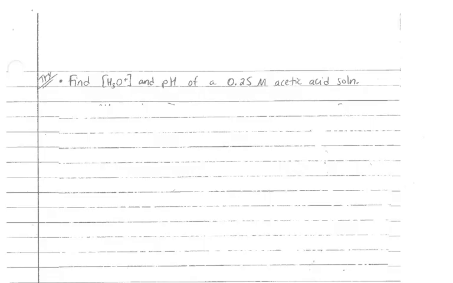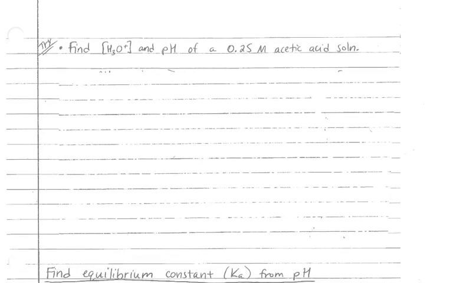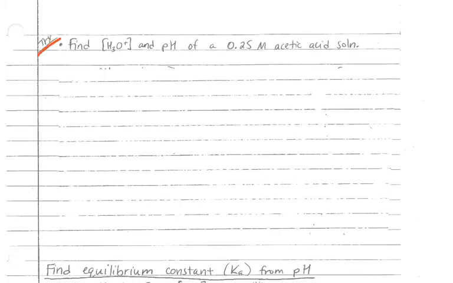Next page. This is a problem that I intended for you to try, and I would walk around and check your work, but I can't do that right now. So please feel free to pause the video and try this yourself and then check your answer. So I'm just going to write it out. First thing I'm going to do is write out the equation and the Ka.